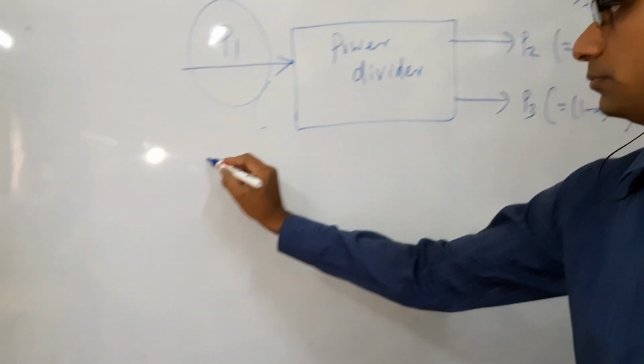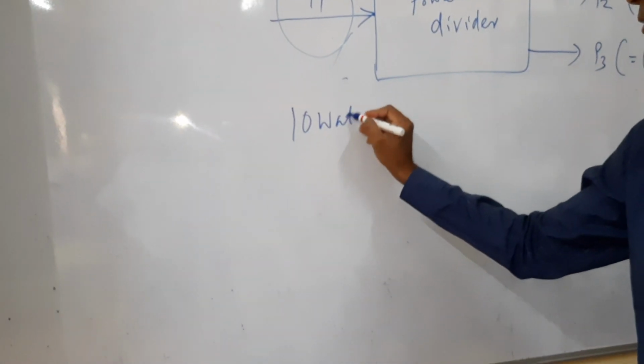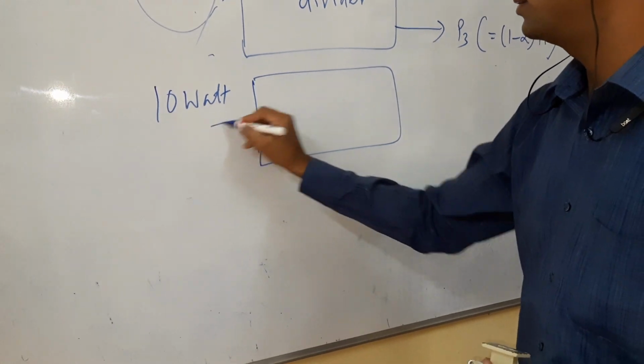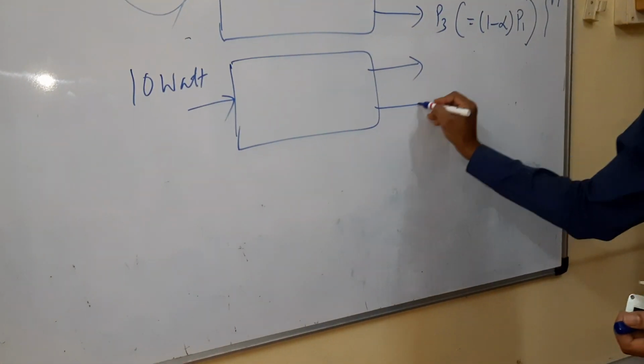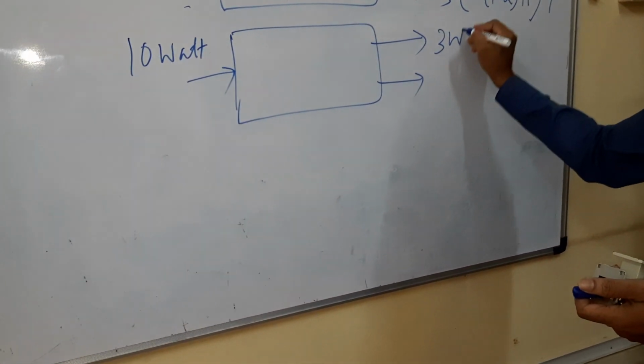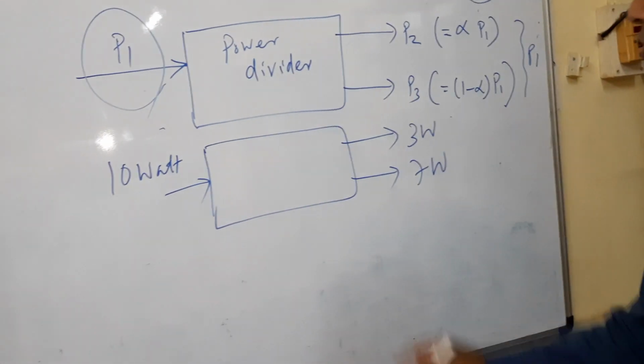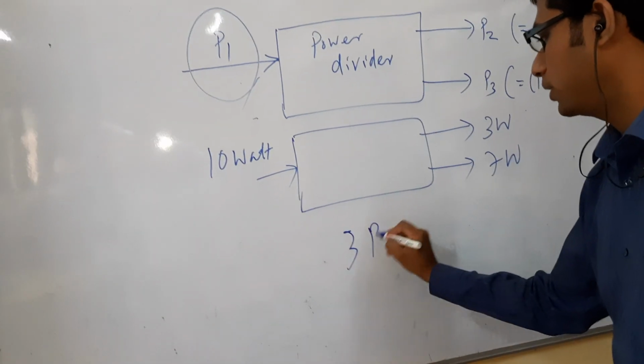Let us say we are giving 10 watt of power to this power divider. It is divided into two parts. Let's say this is 3 watt, let's say this is 7 watt. That means the power is divided. So this is a 3-port network.